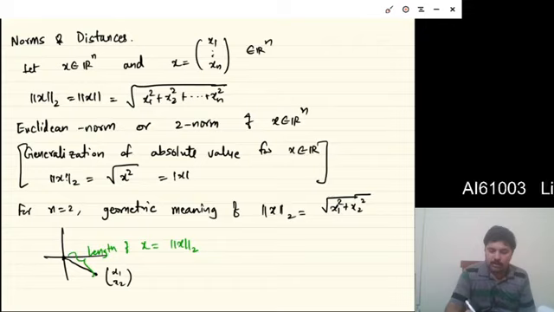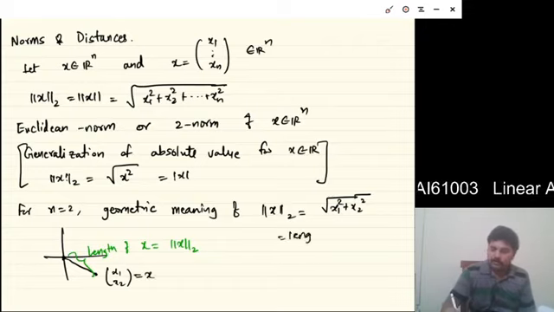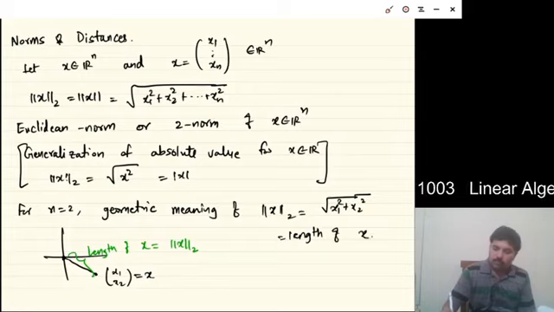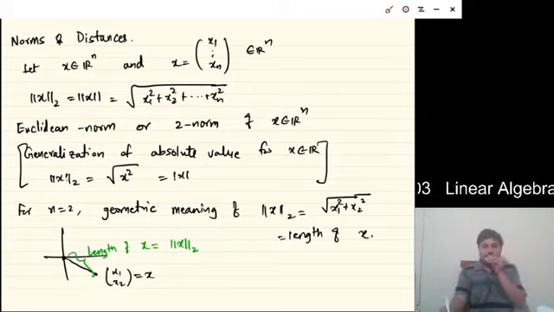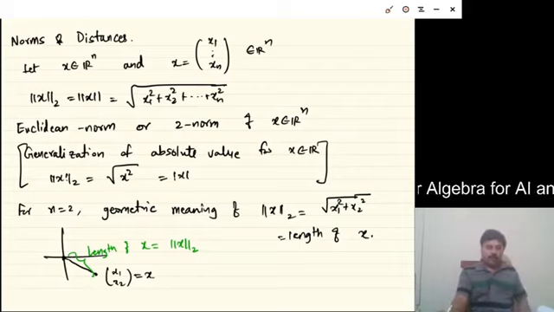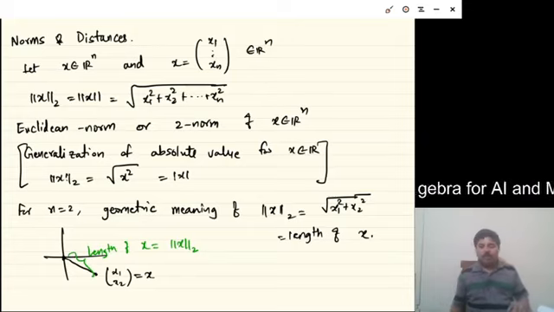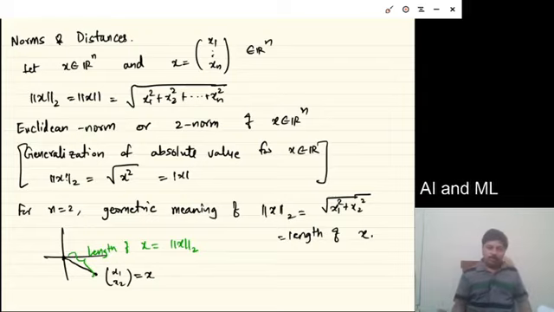That's how we will understand this. This length of vector x, this formula we have probably seen from 12th standard, the usual distance formula. And the 2 norm of a vector in general is the generalization of this concept of distance from the origin.